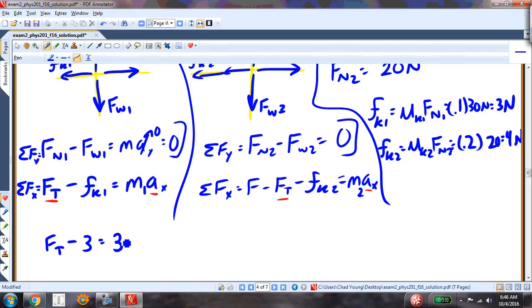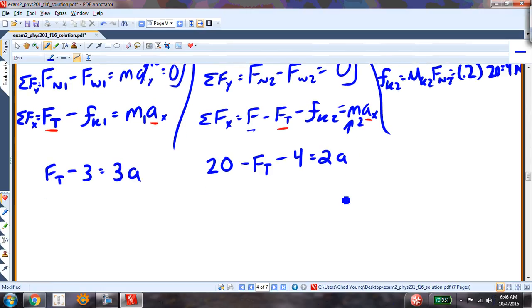So this is 3 kilograms times a. I'm going to drop the x subscript. And then over here I get 20 minus Ft. 20 was that force F, it was given. Minus 4 equals 2 times a. Notice I used 2 kilograms for m2. Here I have two equations, two unknowns. I can solve this.